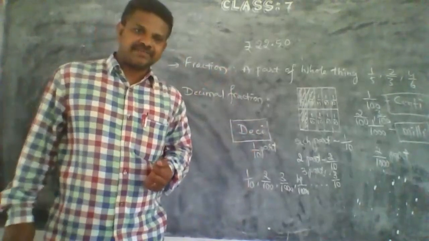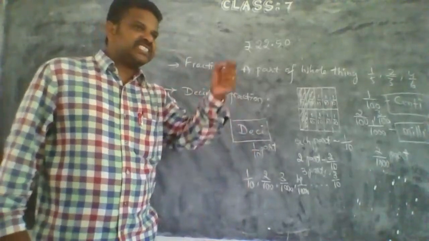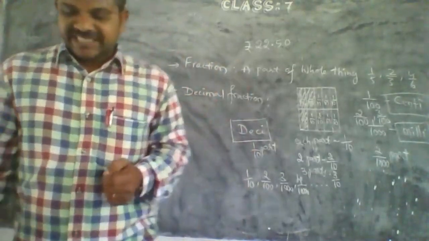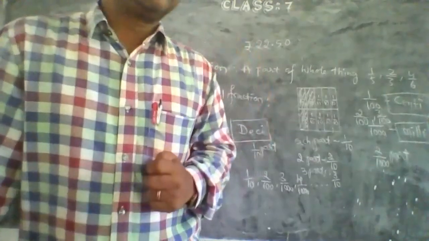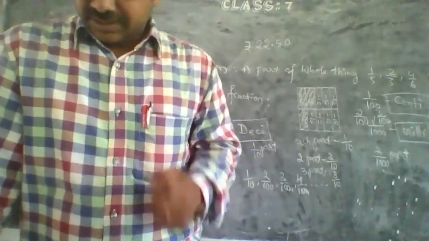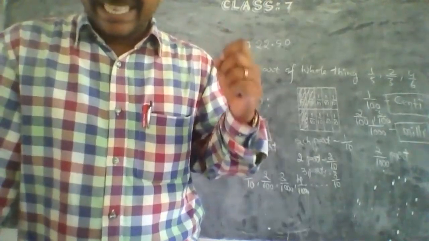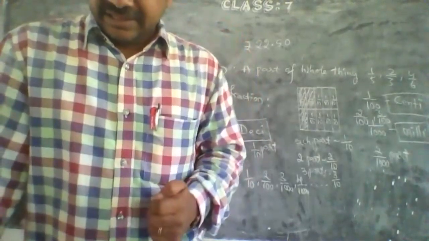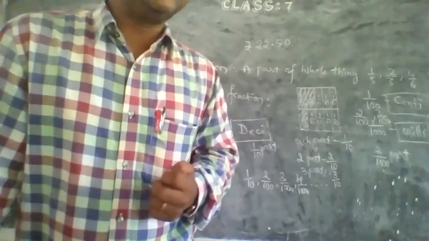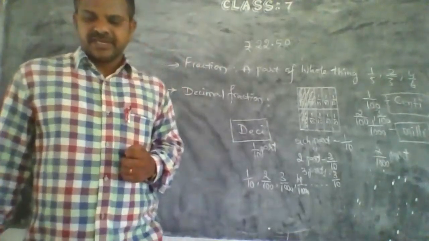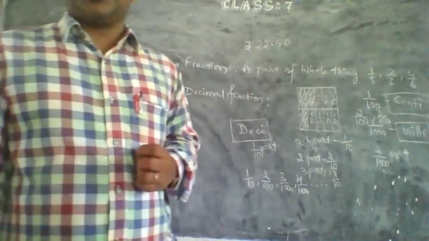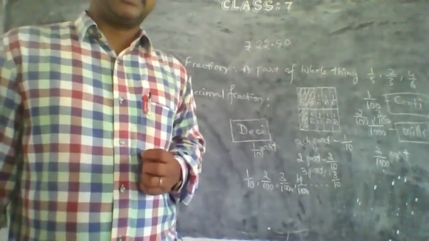Now you got it? Fractions in which the denominators are 10, 100, 1000, 10,000, lakhs, 10 lakhs, etc. are known as decimal fractions. Please write it now.